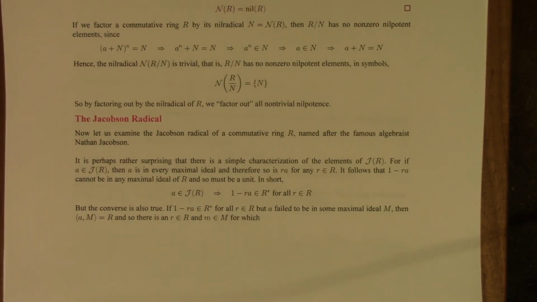Okay, let's take a look at the Jacobson radical. This is named after the famous algebraist Nathan Jacobson, who I also met in the late 60s, along with Kaplansky and some other famous ring theorists. I was an undergraduate at UCLA at the time, and UCLA had every year special programs, and they picked a specialty that was ring theory.